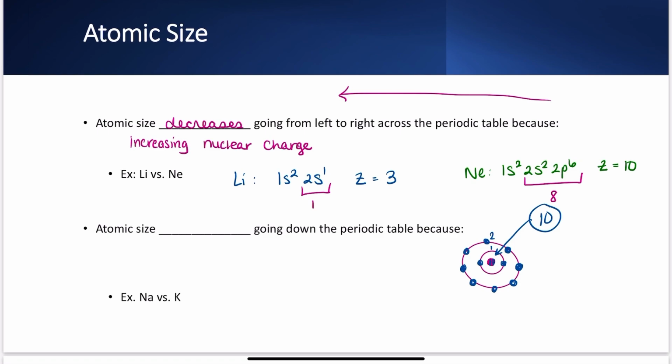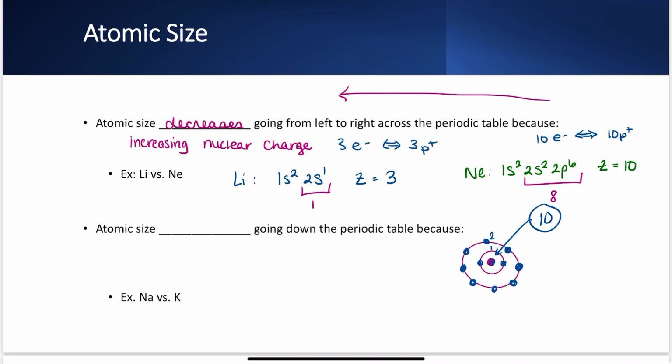It's hard for students to correlate this and understand this because it's still 3 electrons to 3 protons here, 10 electrons to 10 protons here. And people are like, but it's a 1-to-1 ratio. It is a 1-to-1 ratio.